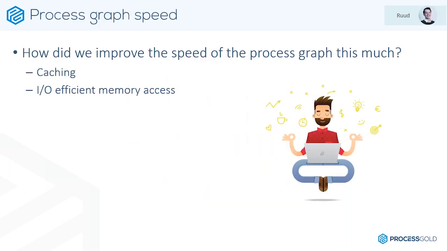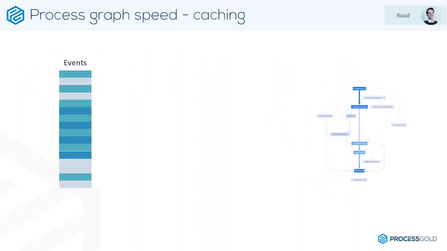So to give you an example of how we actually improve the speed, and in this case, for the process graph, generally it comes down to smart caching and IO efficient memory access for your large data sets. To give you an example, when we visualize a process graph, we generally start from a set of events.